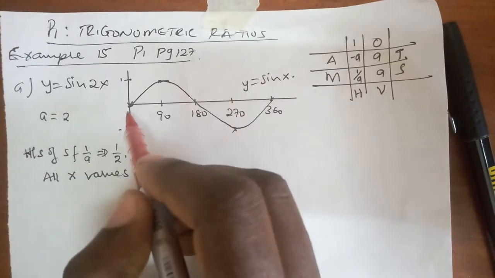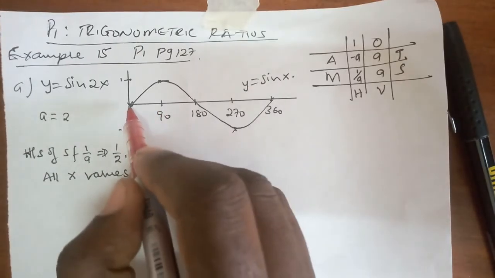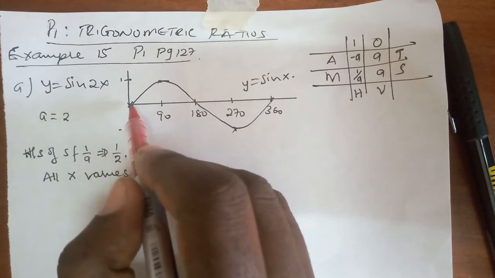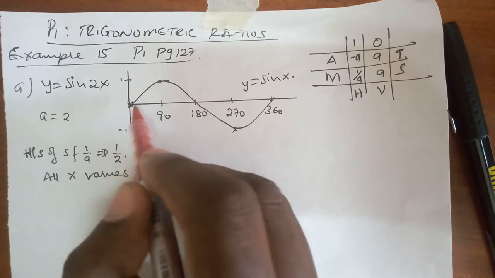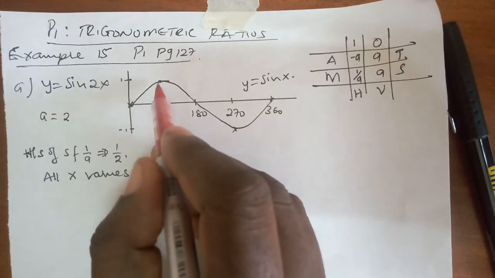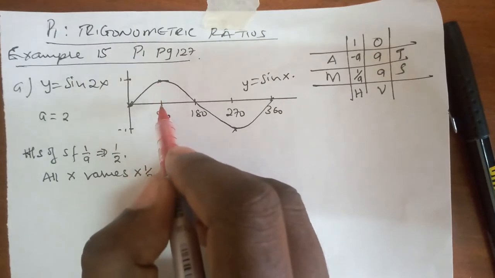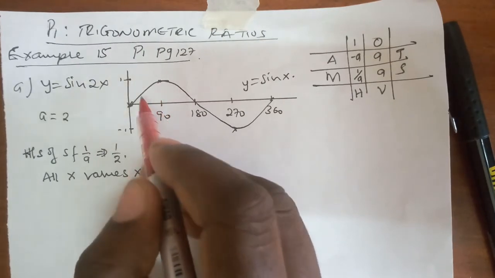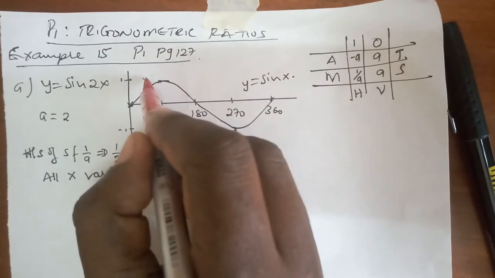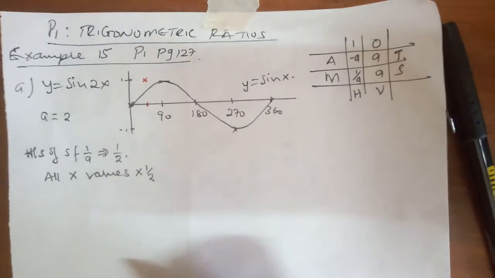When x was 0, y was also 0, and x, which is 0 times a half, remains 0. But when x was 90, y was 1, and x being 90 times a half is going to be 45 degrees, but y doesn't change.